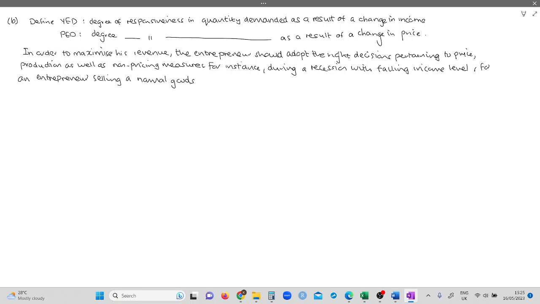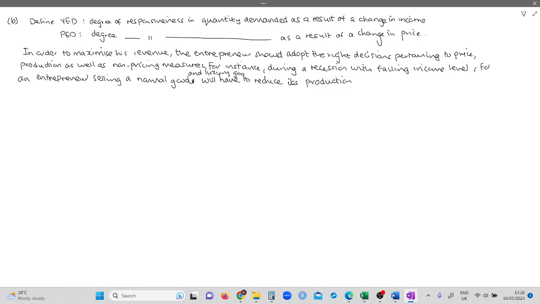if the demand for the good is income elastic, this would imply they have to produce less because there will be a lower demand. An entrepreneur selling a normal good will have to reduce its production because there will be a fall in demand. Not only normal goods but luxury goods also, because people's incomes are falling.